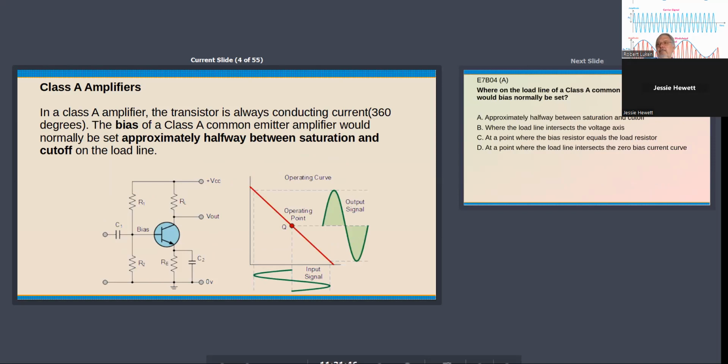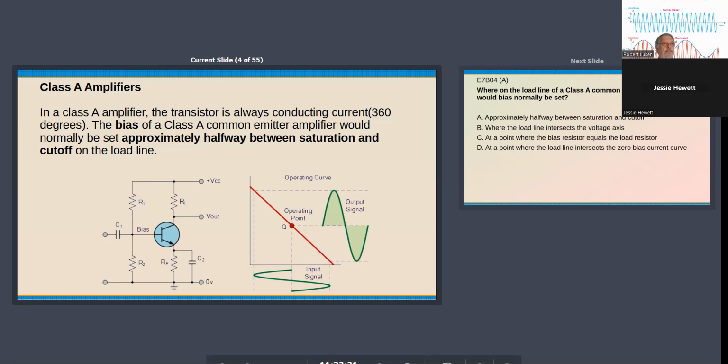So for a Class A, this is kind of a typical simple Class A transistor amplifier. And you select the operating point, when there's no signal, to be about midway on the load line. And that load line is a function of your load resistor, that RL in the circuit, where when it crosses the vertical axis, which is the voltage axis, that's when it's at cutoff.